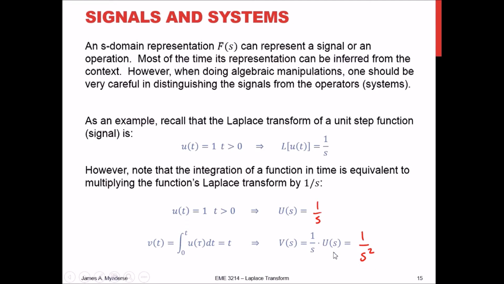So you're going to have things that look the same but actually represent very different things. In this equation, u of s is equal to 1 over s. This thing here is also 1 over s, but it's actually the integration operation. You'll get familiar with this, and it will also help as we do more problems with block diagram algebra.